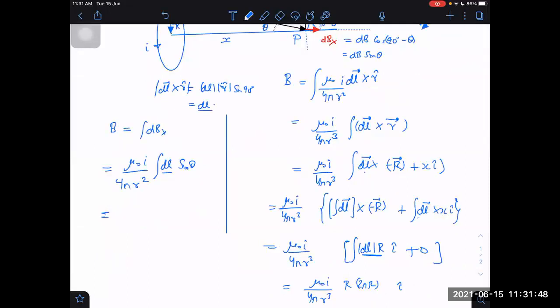Yes, fine, sir. Then what is dl sine theta? Sine theta is constant and can be taken out, upon 4 pi r square sine theta.